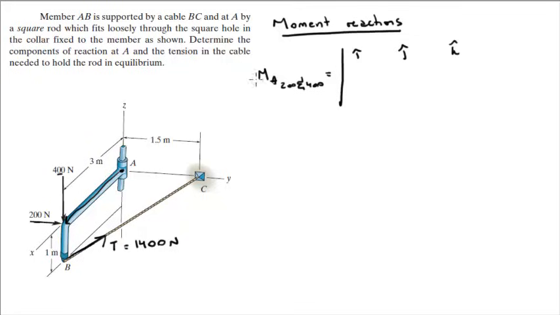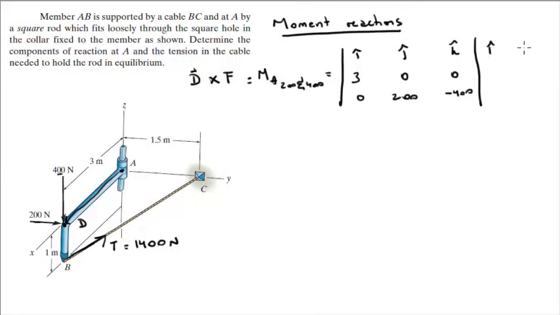Now let me write it here. The cross product will be the position of, let's call this point D. They didn't really give a name to this point, so D cross the forces, both the forces 200 and 400, we can put them in the same Cartesian vector. So the position of D is just 3 meters on the positive x and 0 and 0, and the forces are 0, 200 and negative 400.